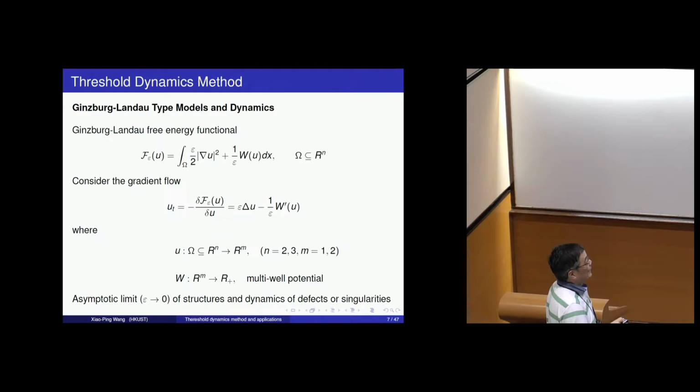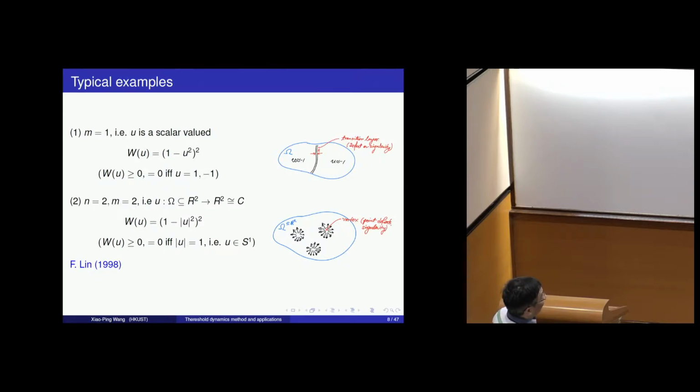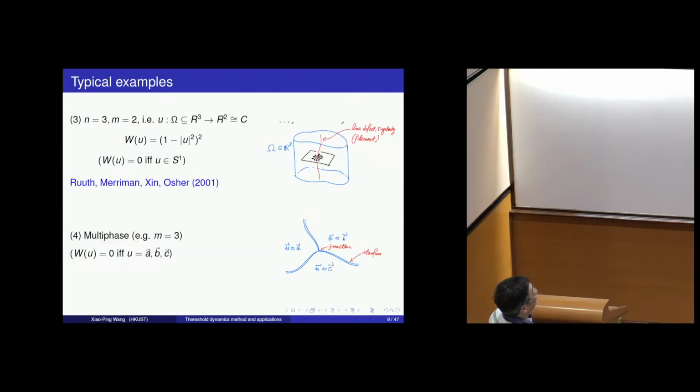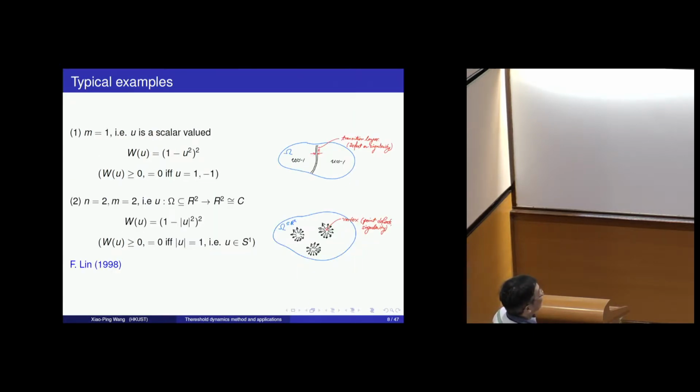It always gives you some kind of defects or singularities, and so the dynamics gives you the motion of those singularities. So in the first case, when u is a scalar, this is what we just saw, the Allen-Cahn equation. So you have an interface. This should be -1 and +1, or 0 or 1.